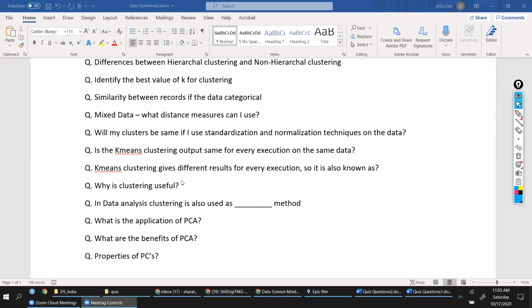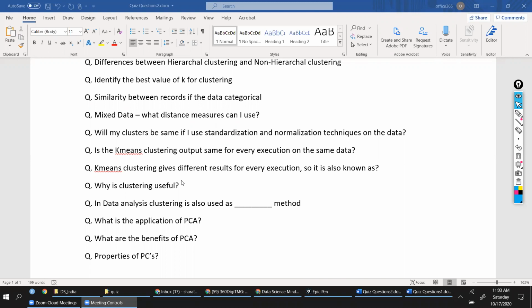Let me tell you. The properties of principal components are that the variance of these principal components will always be in decreasing order. The variance in PCs is captured by maximizing the variance at each PC.